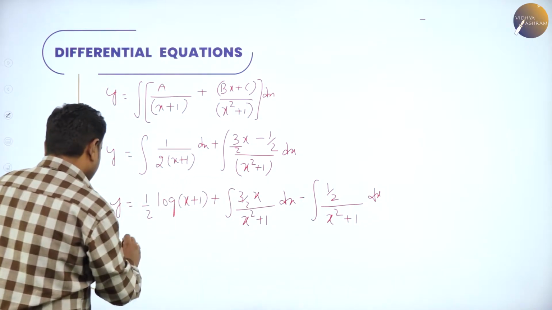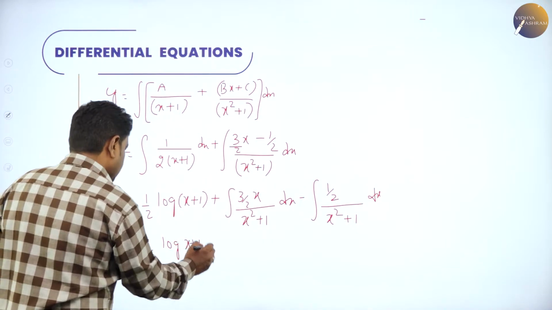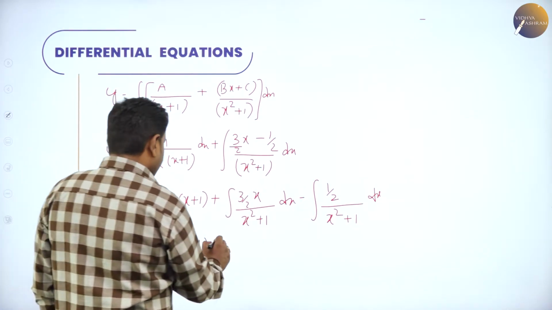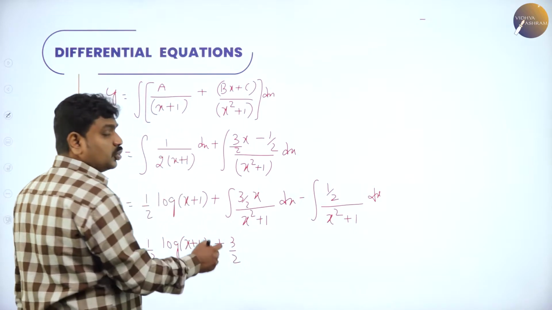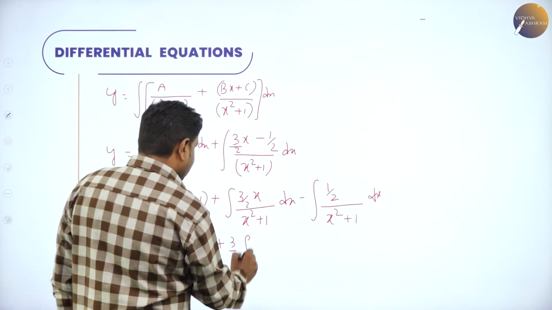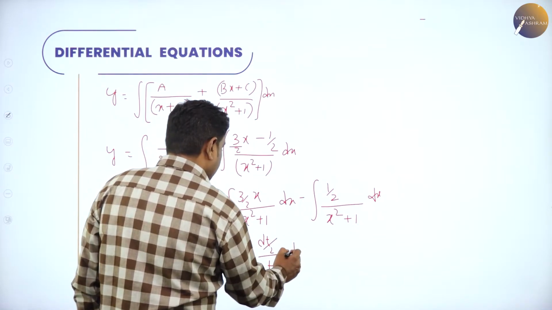So now y is equal to half log x plus 1. 3 by 2 is constant, take it out, 3 by 2. Integration of x by x square plus 1, you can do method of substitution. If you do method of substitution, it will become dt by 2 by t.